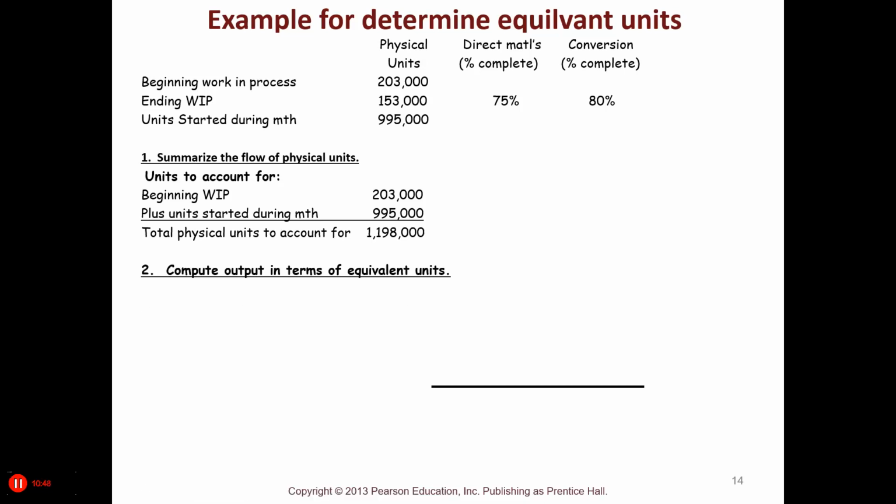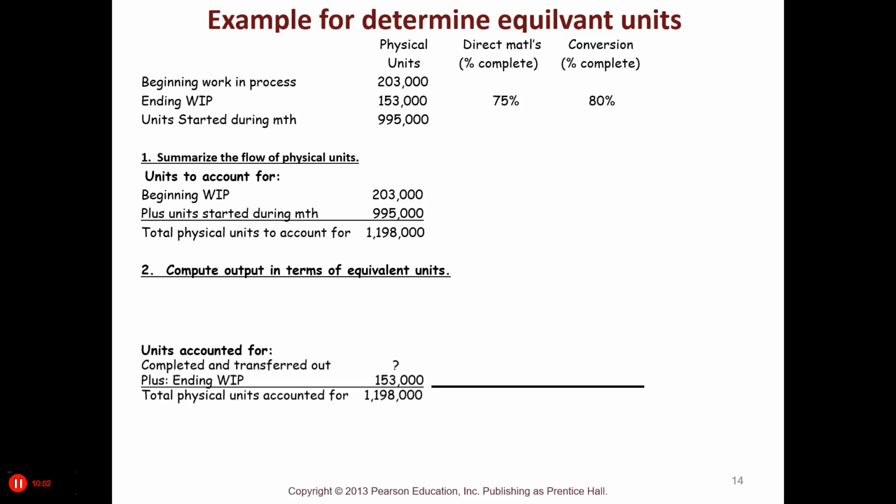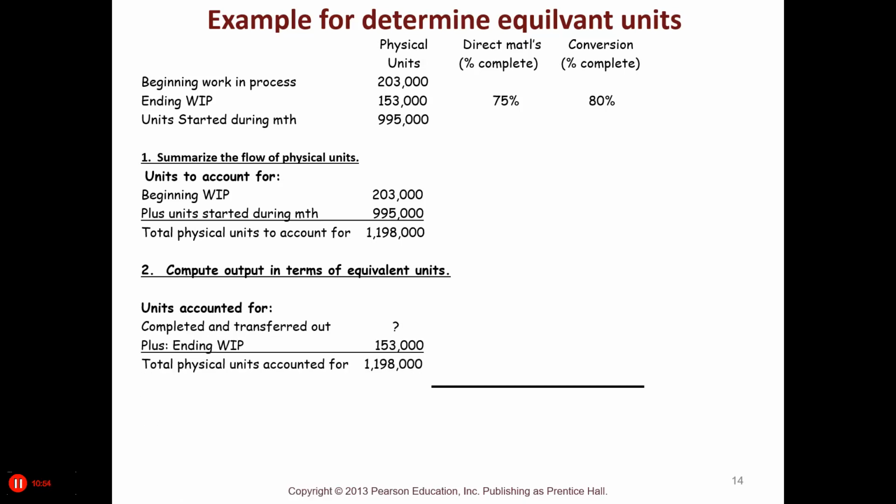So we need to compute the output in terms of equivalent units. They don't tell us how many were completed and transferred out, but we do know ending inventory was 153 units. Told us that in the problem at the top. We also know, based on summarizing the flow of the physical units, we have 1,198,000.